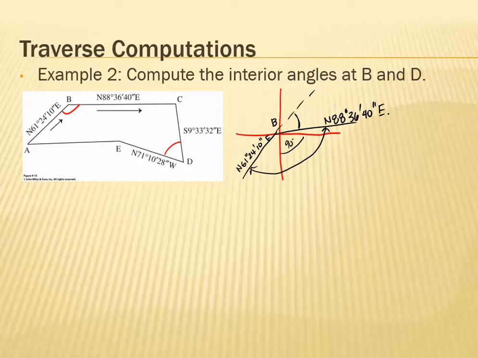So the deflection at B, how can we figure this out? Well, I have right here 88. I know that this angle right here, this is my 88 from here to here.